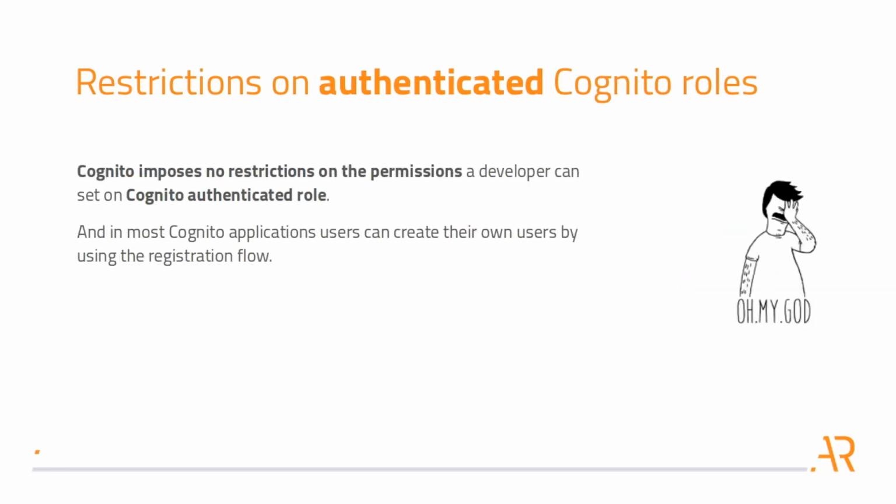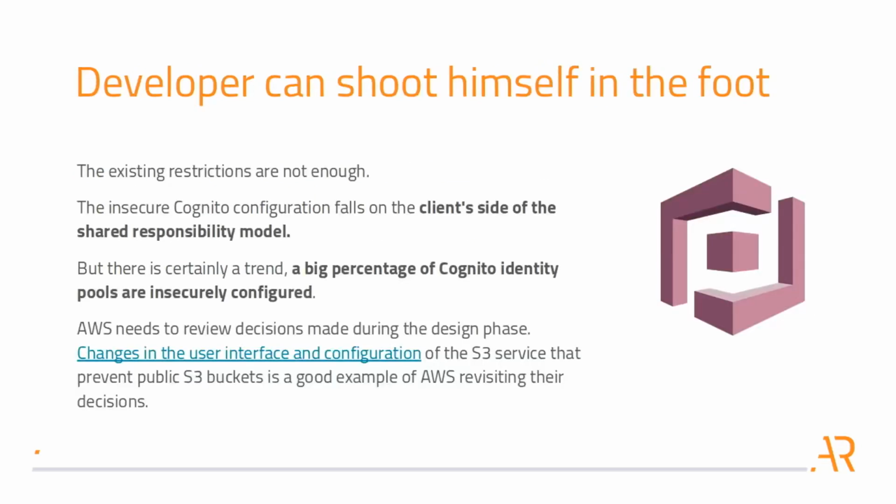There's no restriction for authenticated Cognito roles. So if you're a developer, you can assign any permission to that authenticated role. So AWS is allowing the developer to shoot himself in the foot.